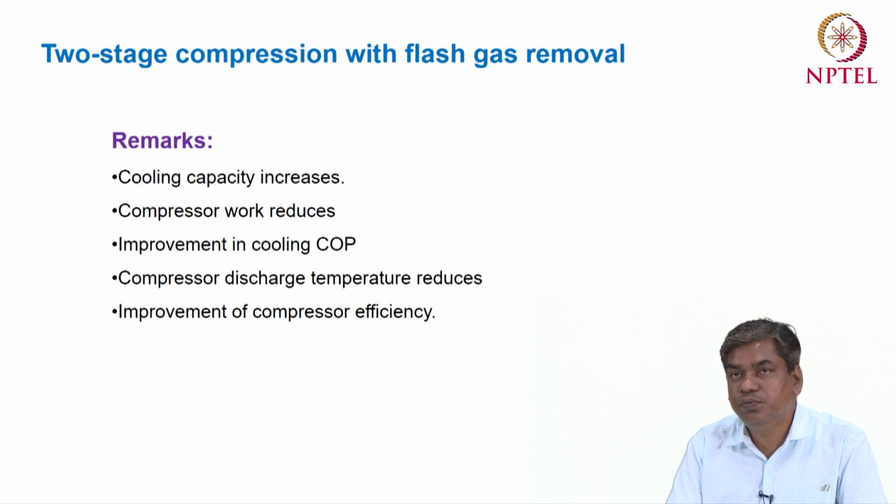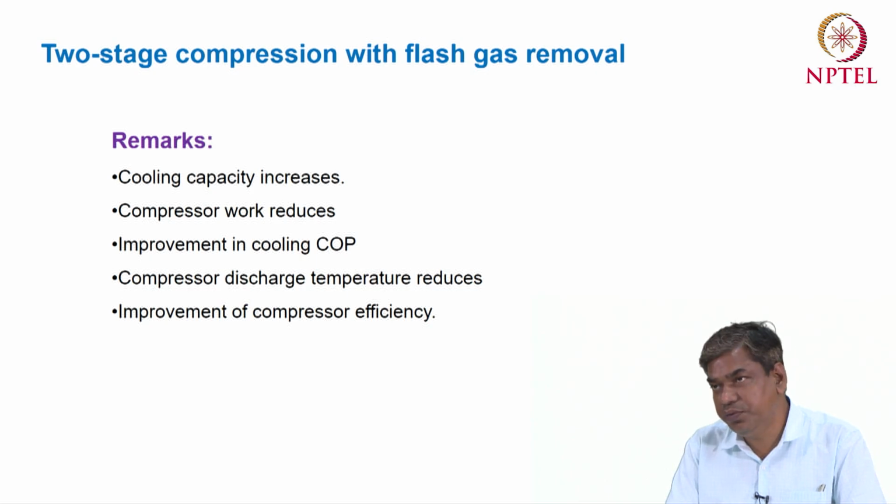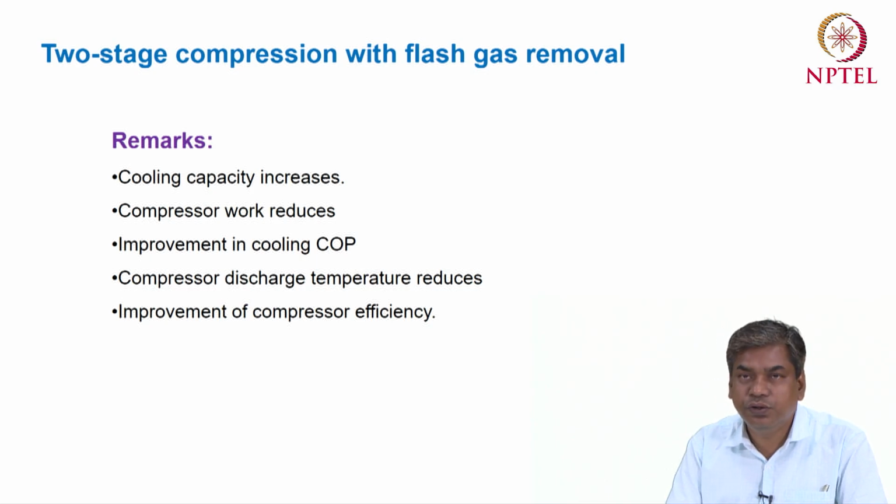For this system we are using two compressors, and in both compressions the pressure ratio is very low as compared to a compressor used in a single compression system. So due to the lower pressure ratio in both compressors, the isentropic efficiency of the compressors will be improved.